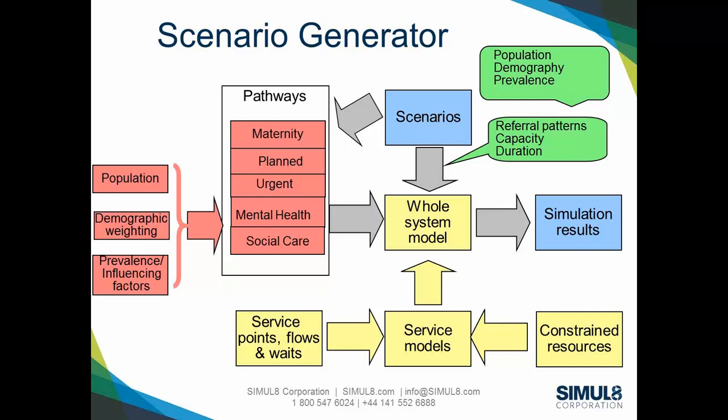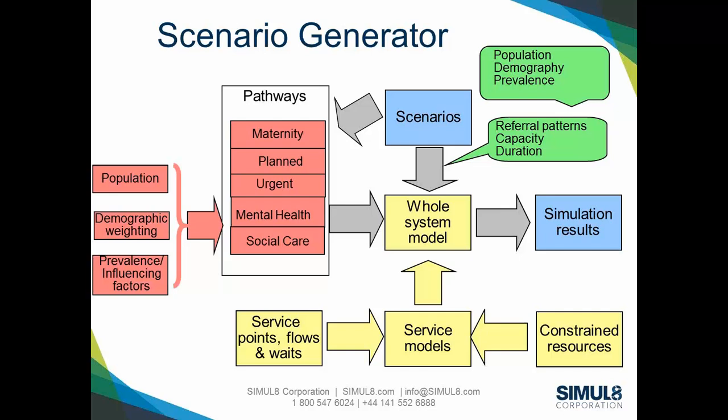We've used actually HES primary diagnosis data, which tells you against which ICD-10 code emergencies will arrive, as a way of splitting that. But all of these parameters are user configurable, so you can change any of the assumptions in the model. Now, each of those pathways is made up of a set of steps which represent the services in those pathways.